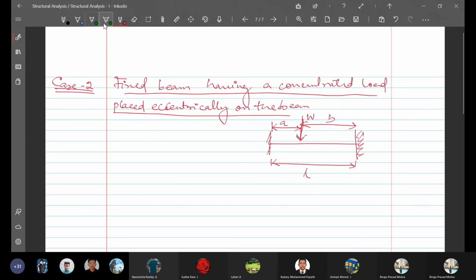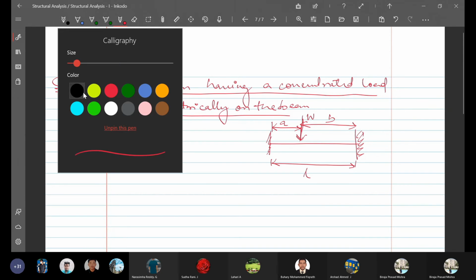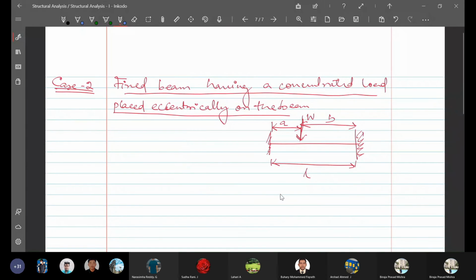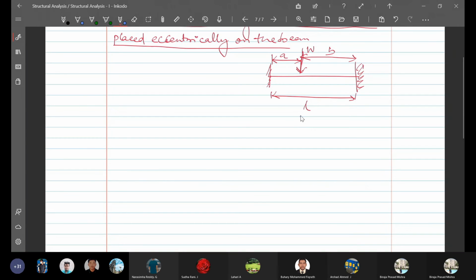Now, for this case, can I make it into case 1 and case 2? So again, here I will consider a simply supported beam.